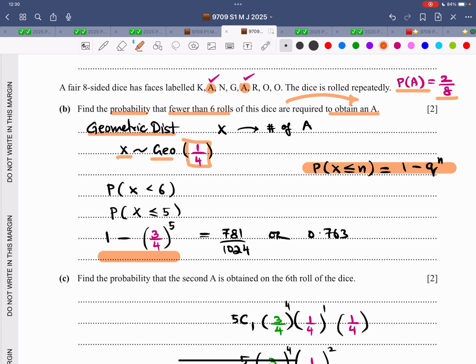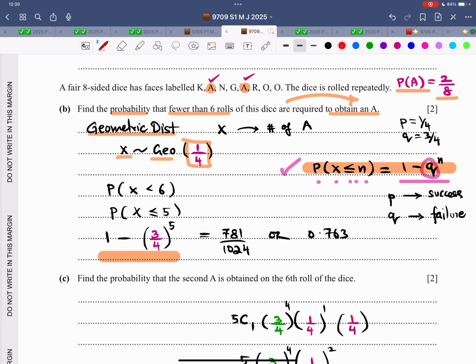And then we use this concept which comes in handy, saves a lot of time. Probability x is less than or equal to n, that is 1 minus probability of failure raised to power of n. Remember, we use the symbol P for probability of success and Q, 1 minus P, that is the probability of failure. So probability of success is 1/4, probability of failure is 3/4.